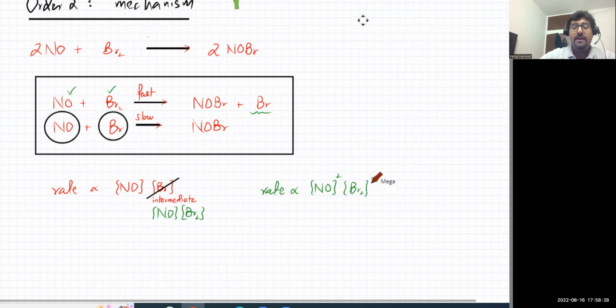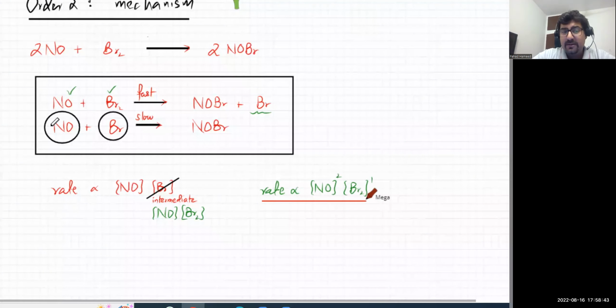So with NO, it's a quadratic relationship. This is what we learned yesterday. Why? Because if you double the concentration of NO, the reaction speeds up. But because of NO's concentration, the amount of Br atoms that are produced also doubles.